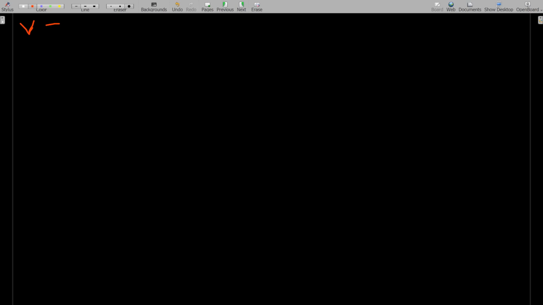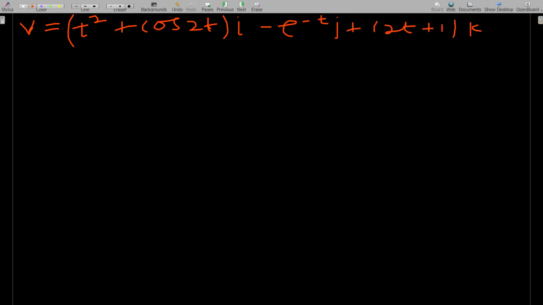The velocity is equal to (t squared plus cos 2t) i, minus e to the power minus t j, plus (2t plus 1) k. Then we said the mass is equal to 2 kg.